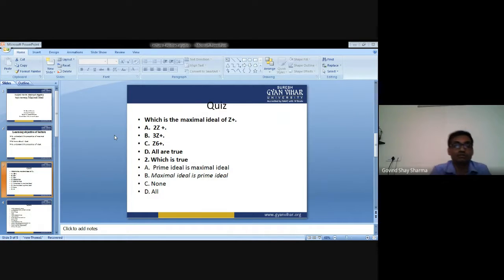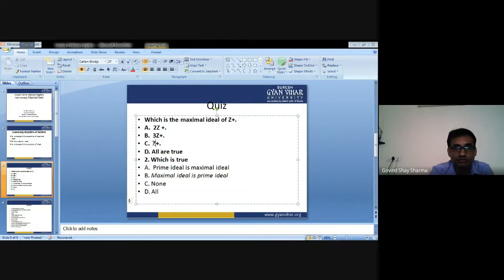But see 6Z. 6Z is a composite number; we can write it as 2 into 3. So the elements of 6Z are contained in 2Z and also in 3Z.